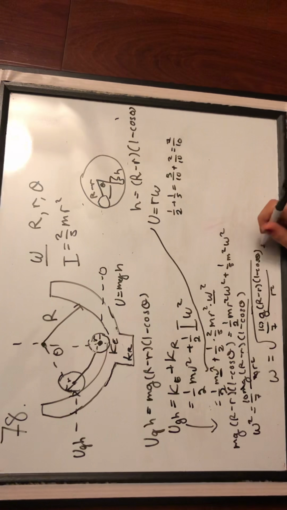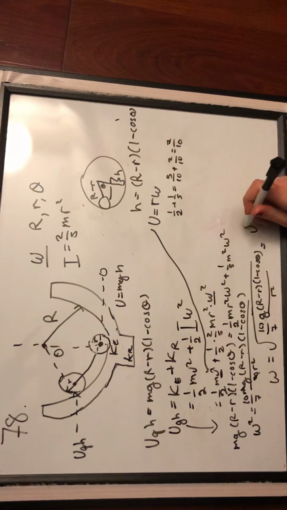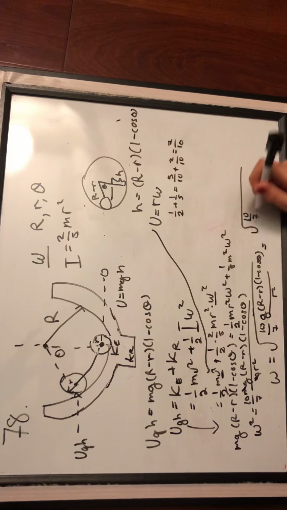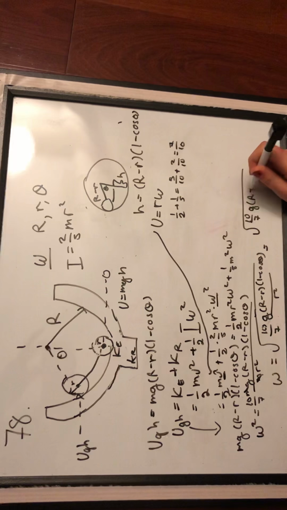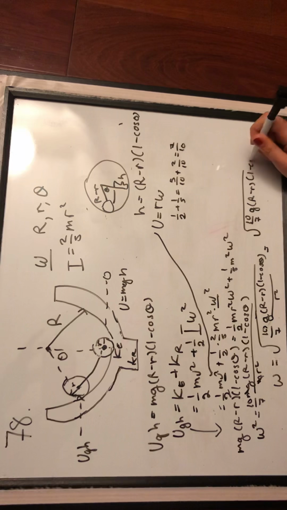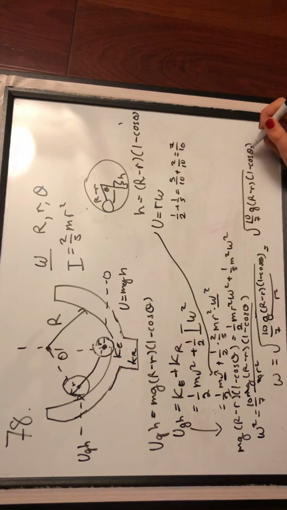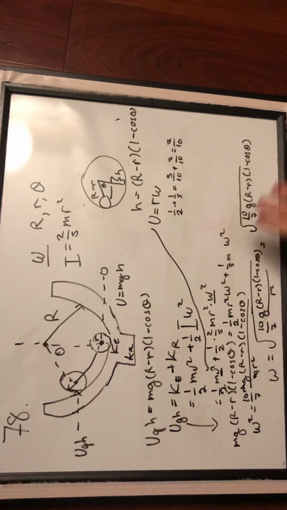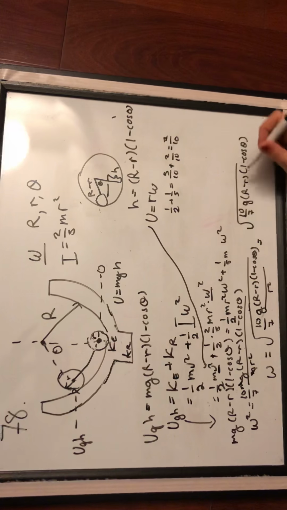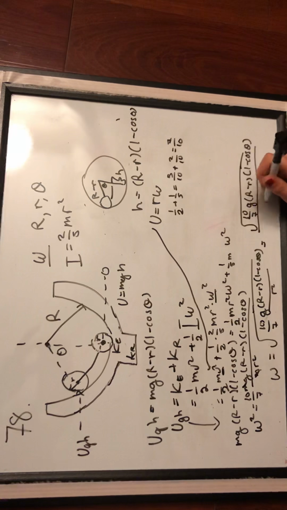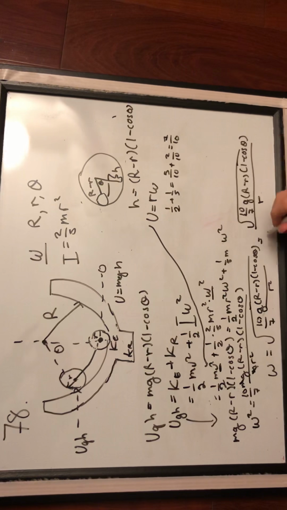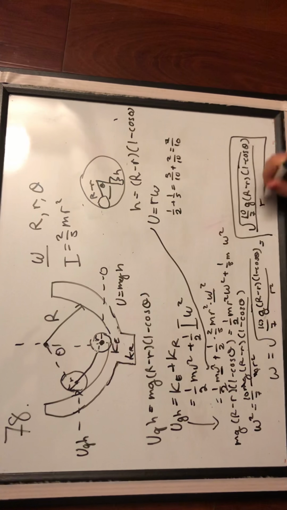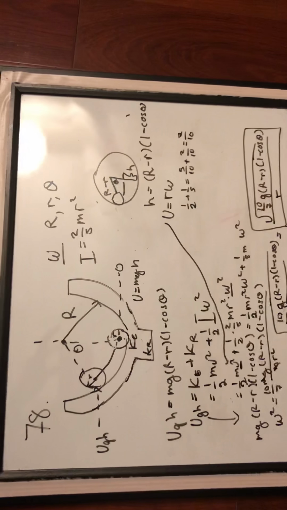And if we're feeling real fancy, we can rewrite it as 10/7 g times (R minus r) times (1 minus cosine theta). Oh wait, this m should not be squared. That is my bad. We're gonna ignore that. And then this is all just divided by regular little r. And there you have it. That is what omega is equal to, or the angular speed.